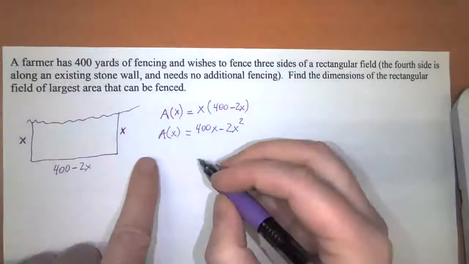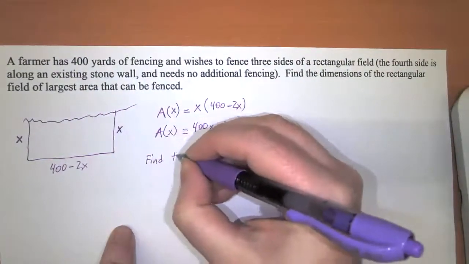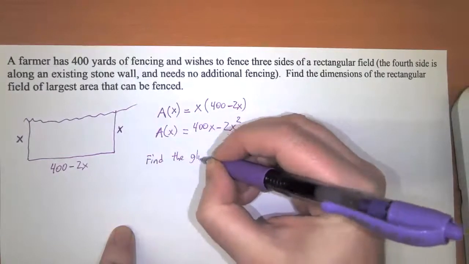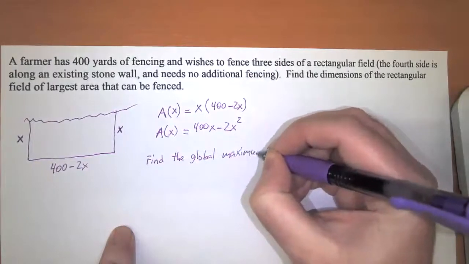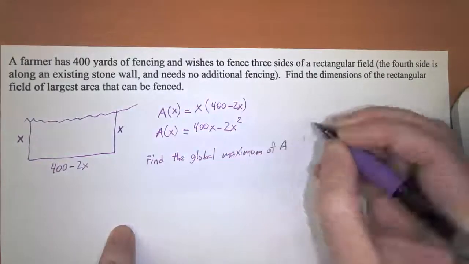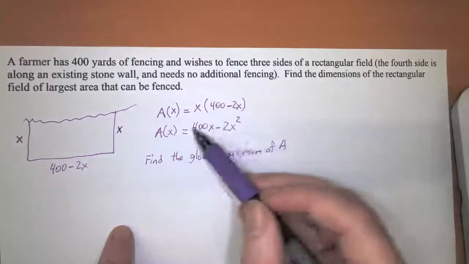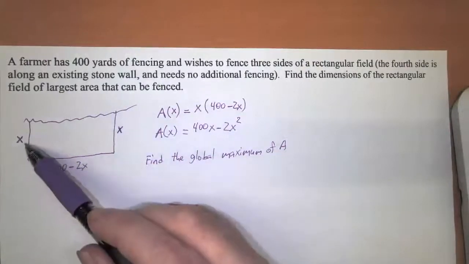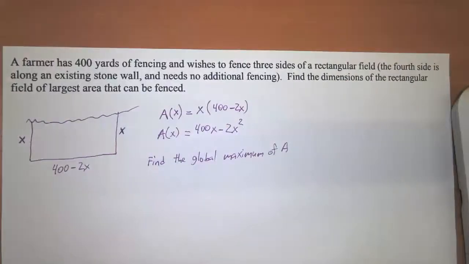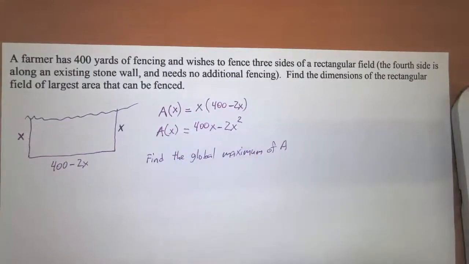Because what we want to do is find the maximum, let's say the global maximum, of A. We want to calculate the value of x that makes the largest possible value here, because that's going to tell us the width of the rectangle that gives us the largest area. So how have we been finding the maximum value of a function up to this point?